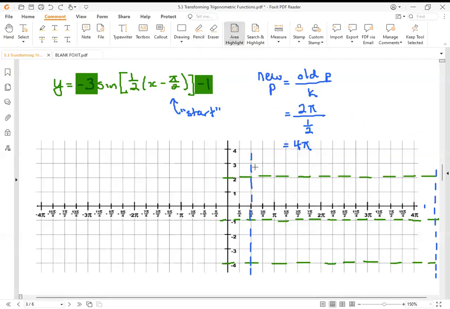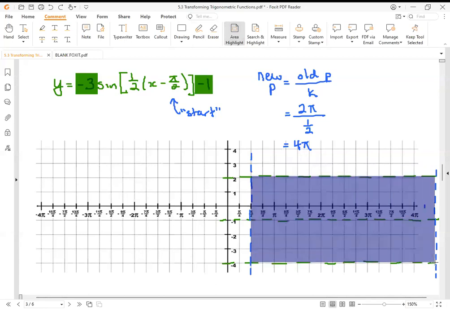Now, if you don't see it, here's my box. It's a sine function. Where do I start? In the middle. It's a sine function. Where do I end? In the middle.